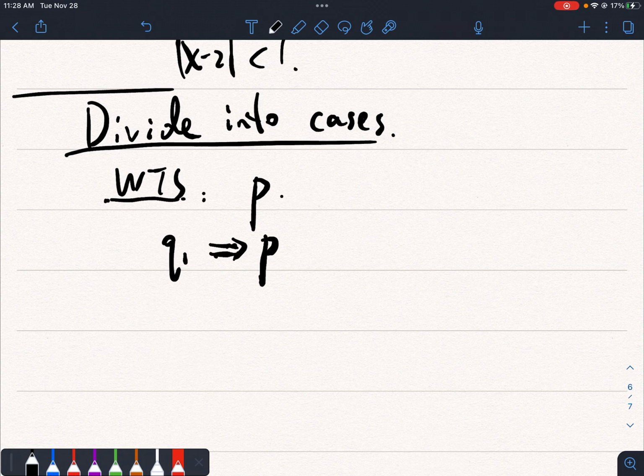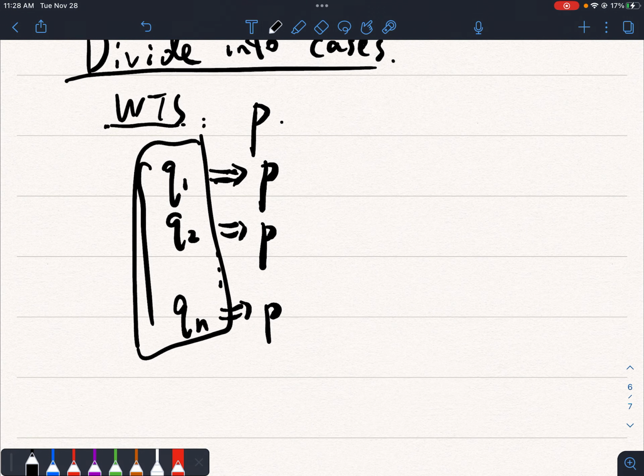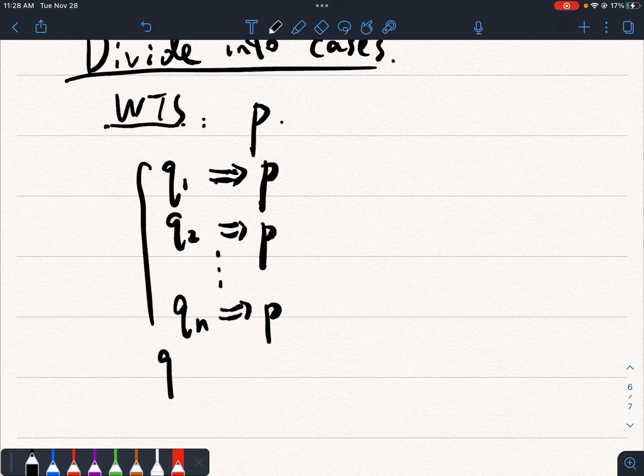And also you can show if Q2 is true, then P is true. And also you can show if Qn is true, then P is true. And also you can show at least one of them is true. So if you have all these conditions, then you can show P is true. Okay?